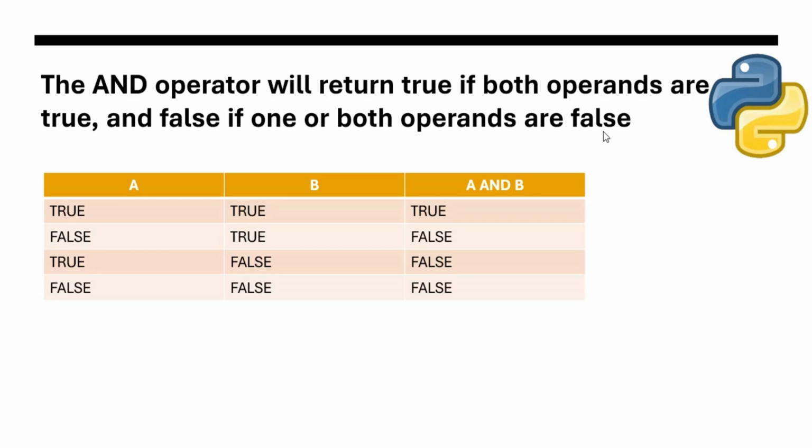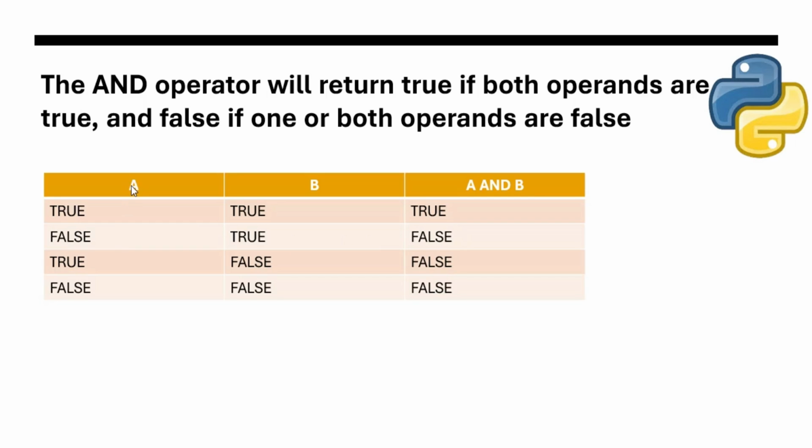Well, here I have a table. For example, A is true, B is true, for A and B, that is definitely true. Then A is false, B is true, for A and B, false.